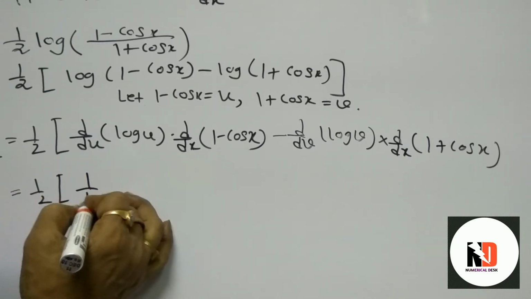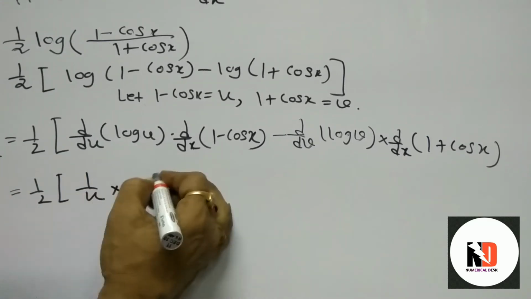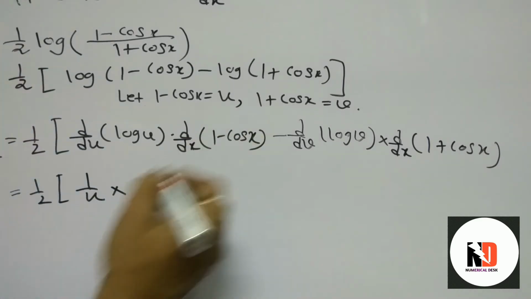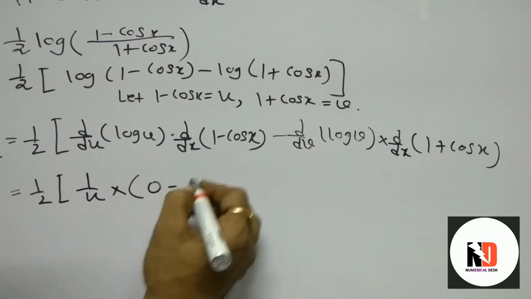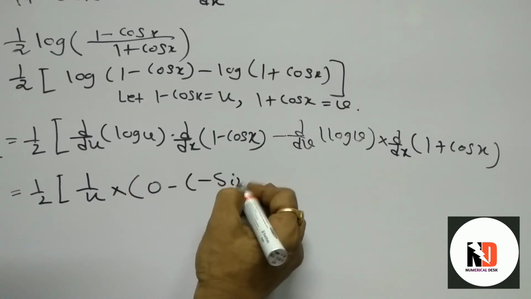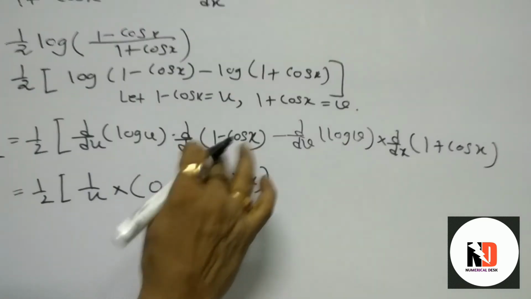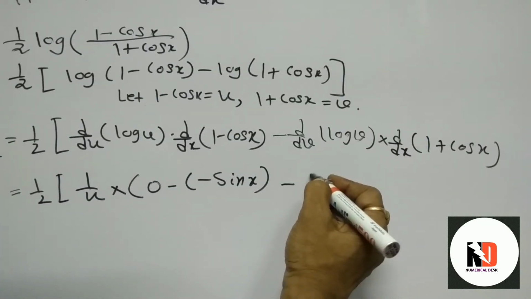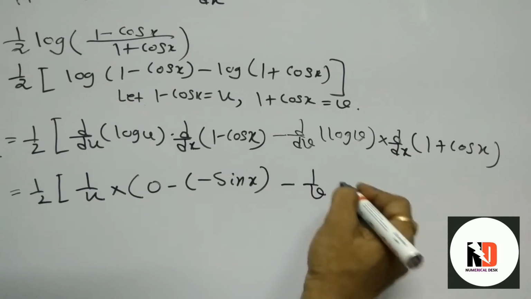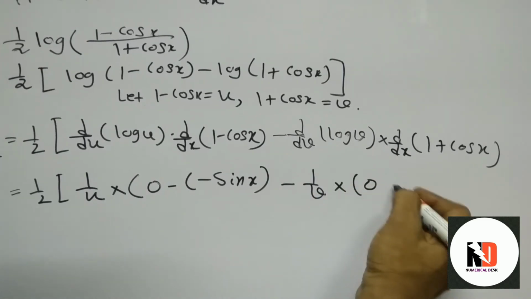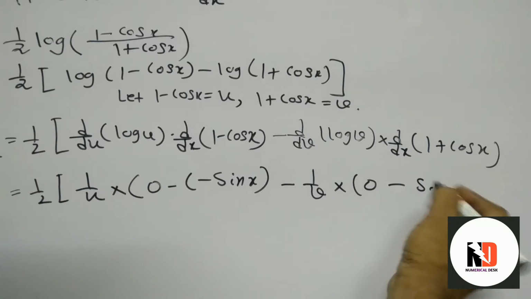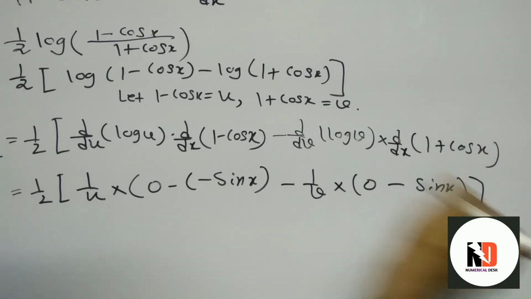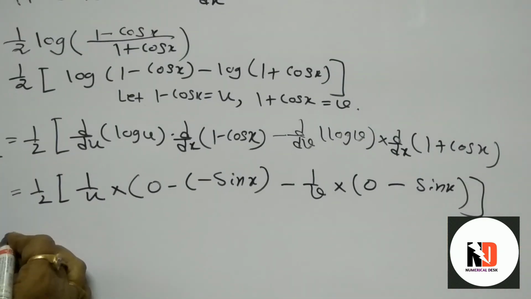So it is 1 by u, then d/dx of 1 is 0, then it is sin x, minus is outside, so minus sin x, and now again 1 by v, and again 0 minus sin x. Simple, no problem. Put the third bracket, okay.